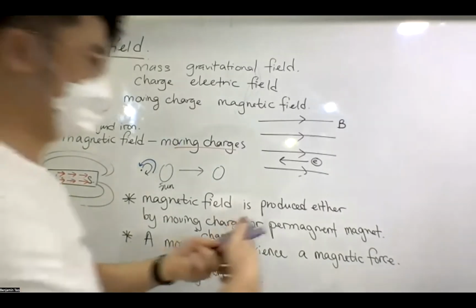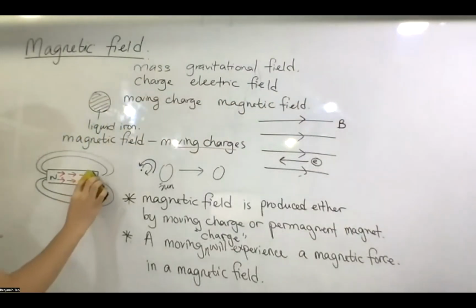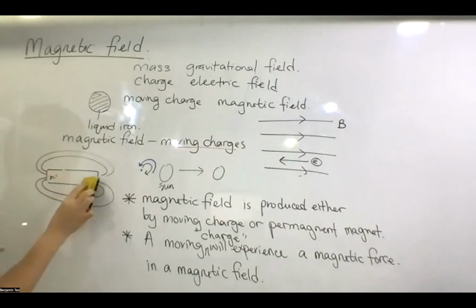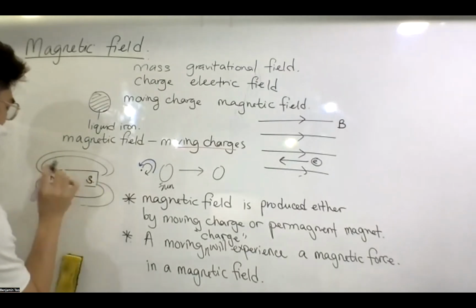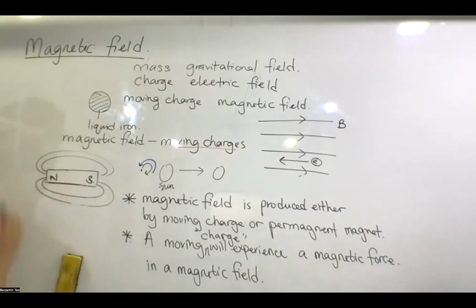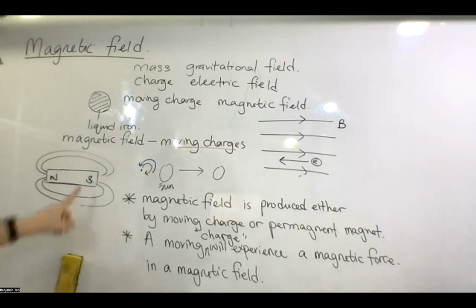Okay, now take a bar magnet here. This is the field lines. How do you draw the field lines? First criteria, you cannot intersect. Line cannot touch other line.